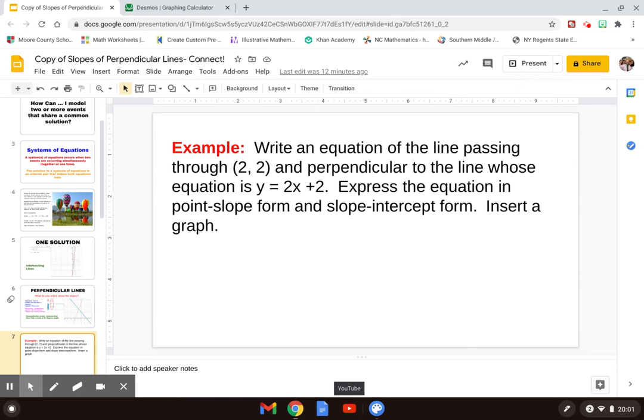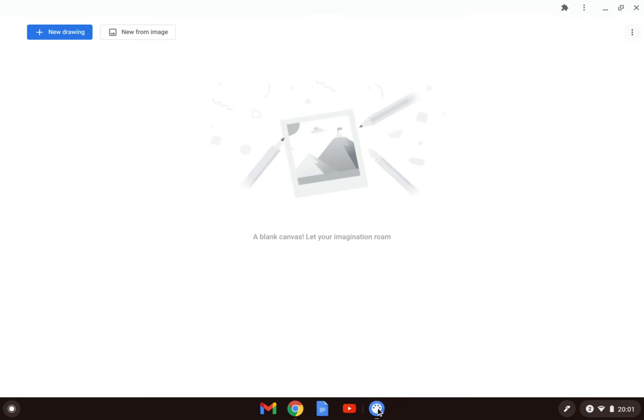So the way we're going to do this, everybody, is the same way that we found the slope of a parallel line yesterday. What we're going to start with is we'll write the equation of our current line, which is y equals 2x plus 2.